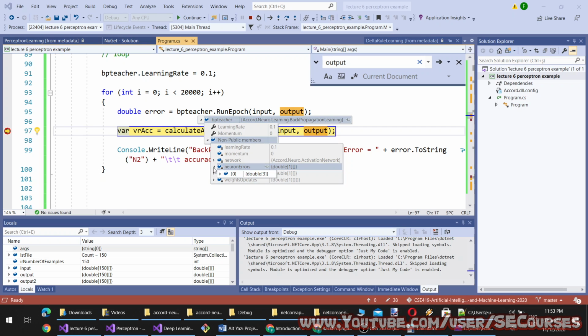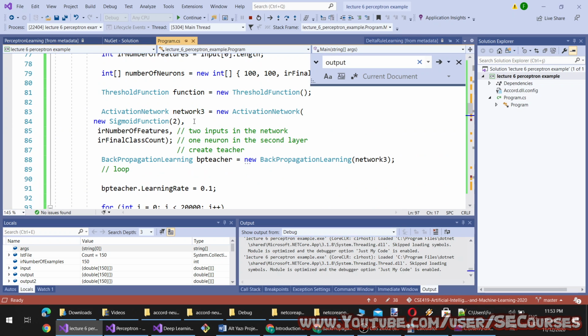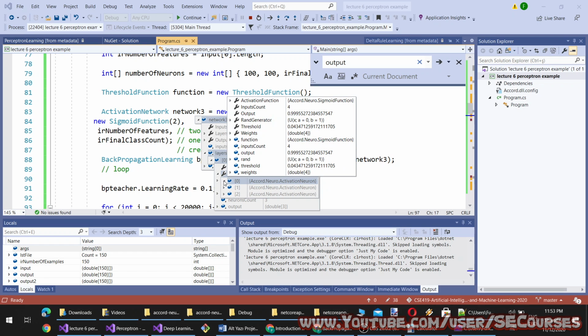Okay, there is neuron errors, threshold updates, and weighted updates. Let's check the network. Okay, it has one layer which has 4 inputs and 3 neurons.